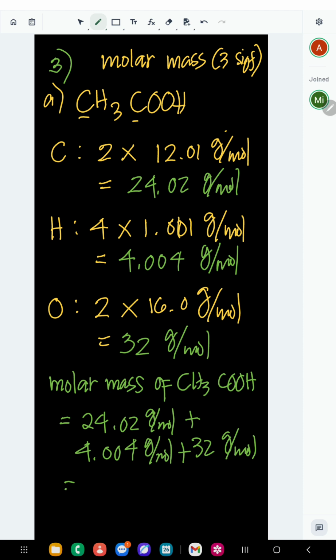So the total of this is the molar mass of the whole compound. That is 60.024 grams per mole. Yes, because it's asking for molar mass.